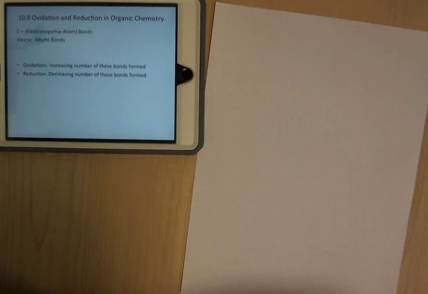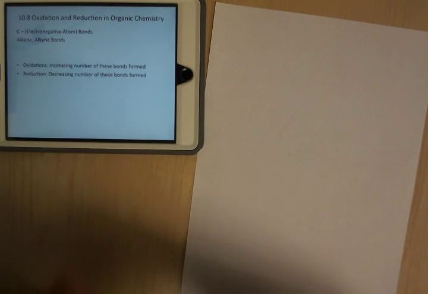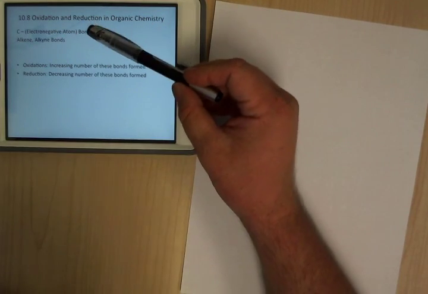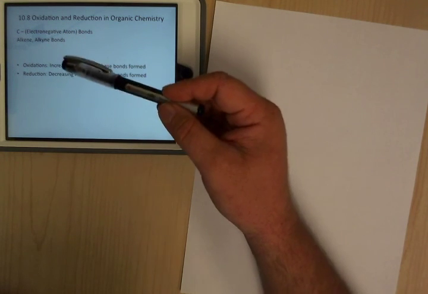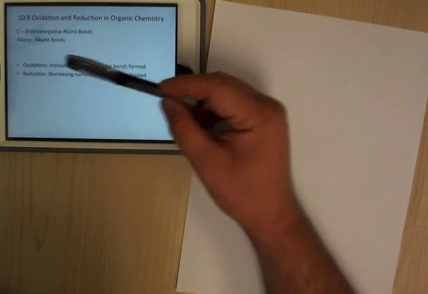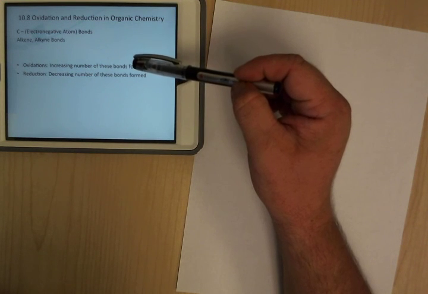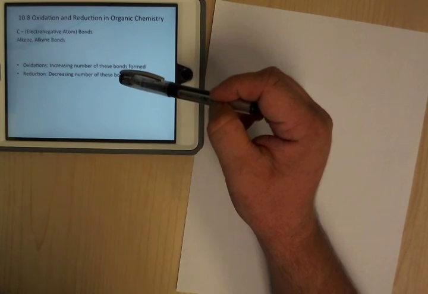Or if we increase the number of double and triple bonds. If we increase the number of these types, so CO bonds, or increase the number of double bonds and triple bonds in the reaction, it's considered oxidation. If we reduce the number of those types of bonds, it's reduction. So no big deal.